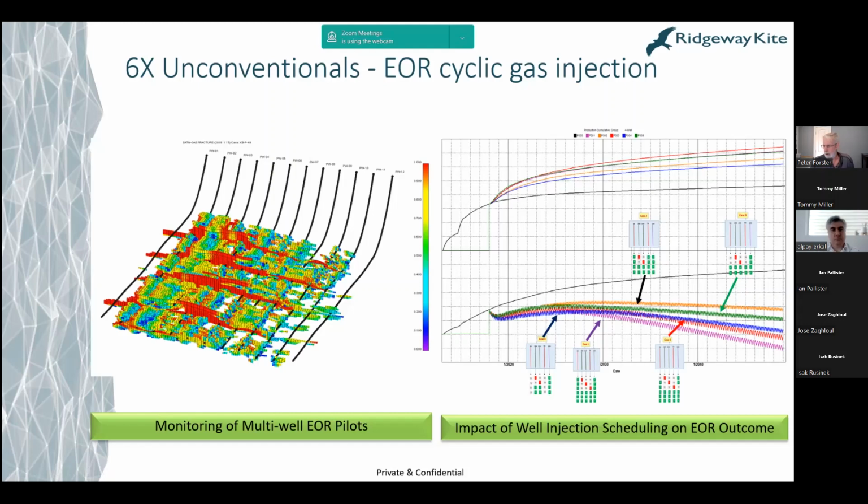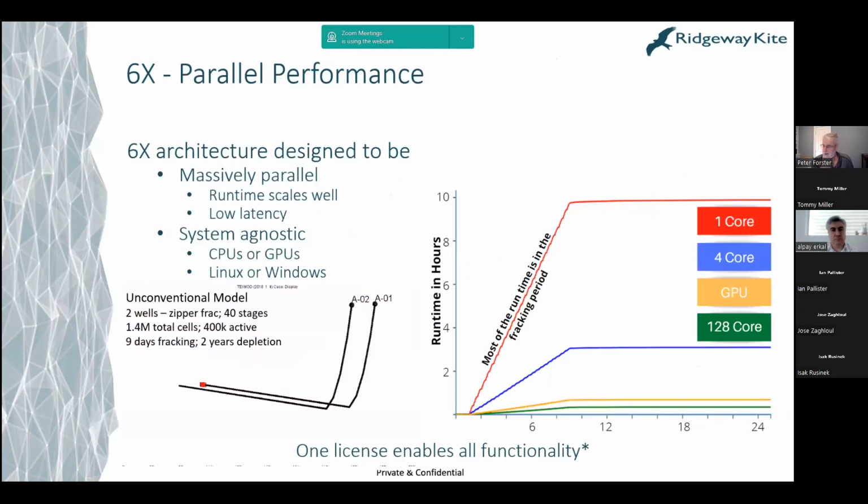So it requires a very stable, very high performance simulation infrastructure to be able to support that. So one of the design features of 6X is that it is built to be massively parallel. The runtime scales well as you add more resources, the latency is low, and also we can run on either CPU cores or on GPUs.